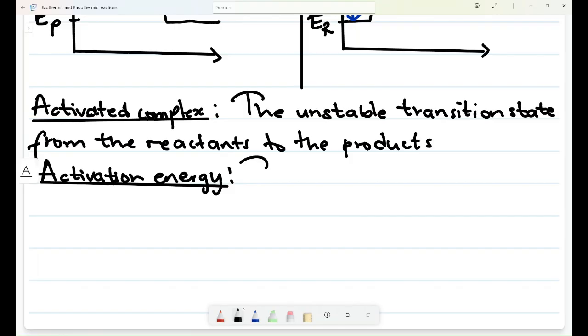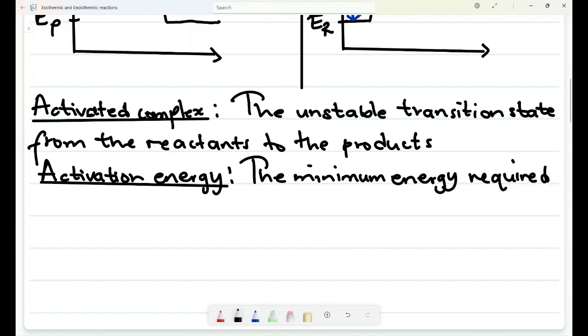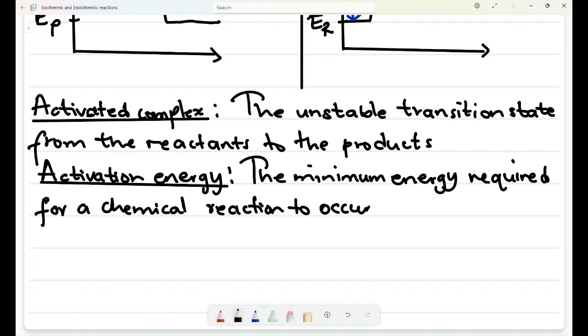So now we say this is the minimum energy required for a chemical reaction to occur or to start. You can say the minimum energy needed for a chemical reaction to start, or minimum energy needed to start a chemical reaction.